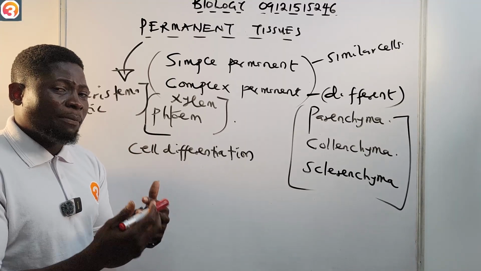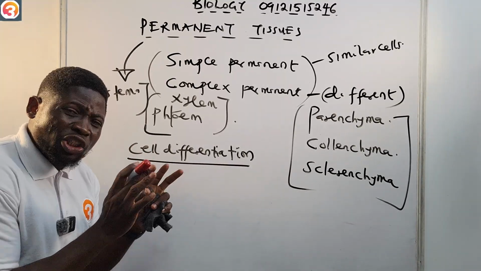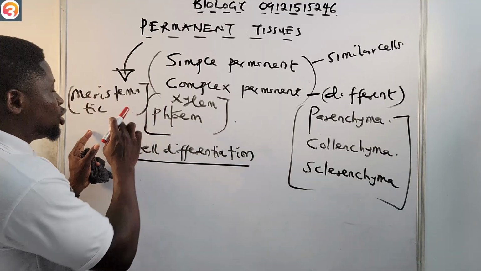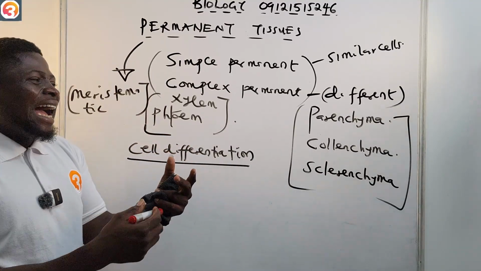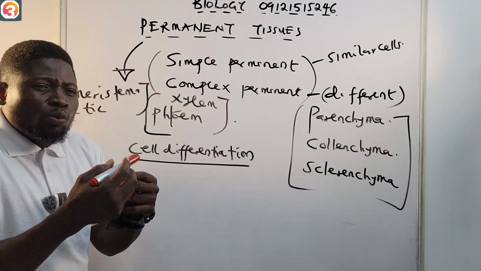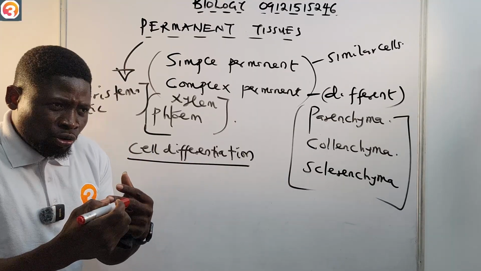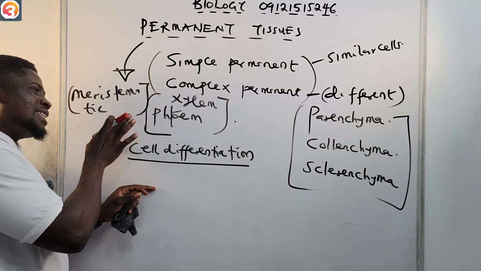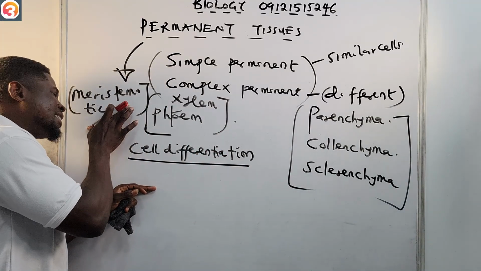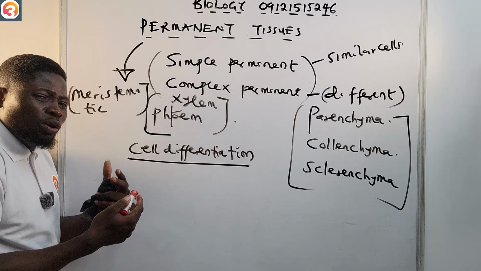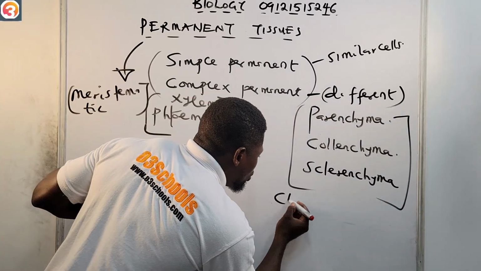But how does this happen? Cell differentiation is a simple process whereby meristematic tissues will be dividing, and as they are dividing, the cells will now choose to have specific roles or functions.